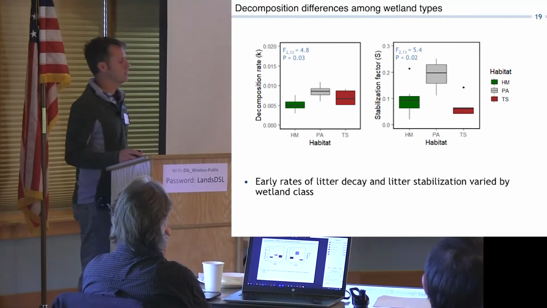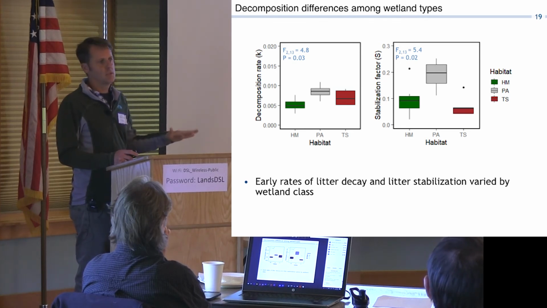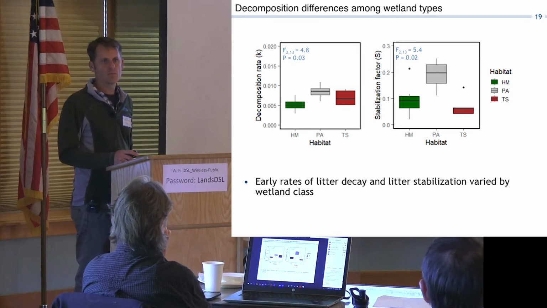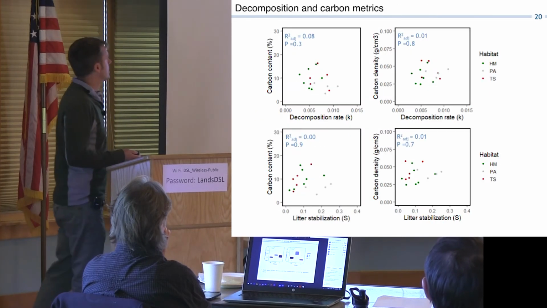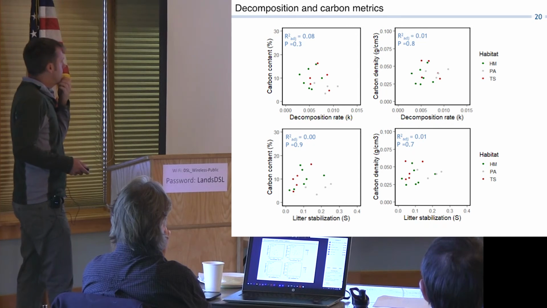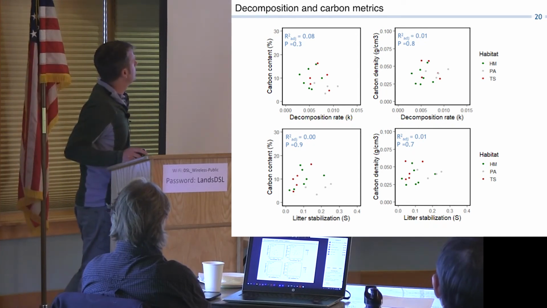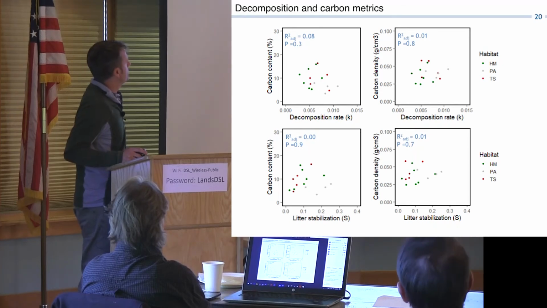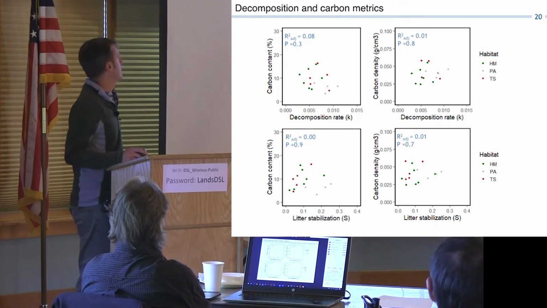I would treat these data as quite preliminary, given that our sample sizes were relatively small, but these are some interesting preliminary results. When we tried to relate the decomposition rates to some of the carbon metrics, it was similar to the climate variables.